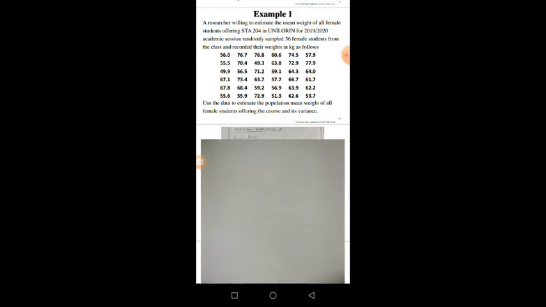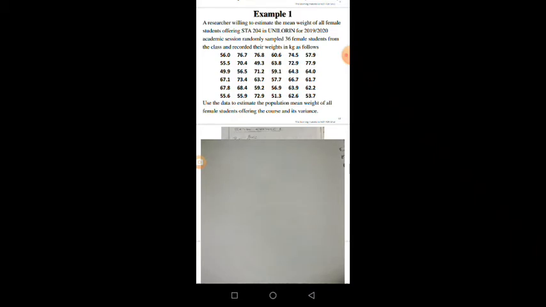Let's read it out. Let's list out the parameters. A researcher willing to estimate the mean weight of all female students offering STA 204 in Uniloring for the 2019-2020 academic session randomly sampled 36 female students from the class and recorded their weight in kg as follows: 56.0, 76.7, to 53.7.